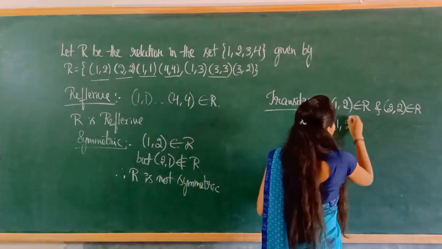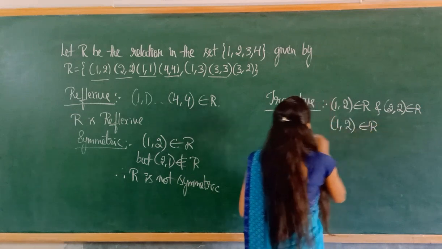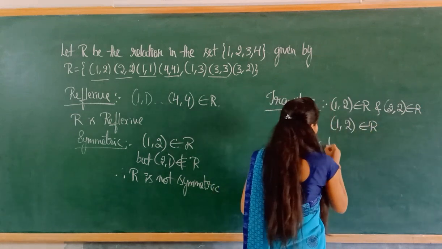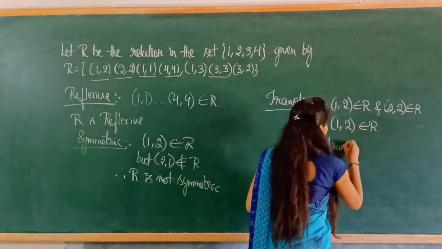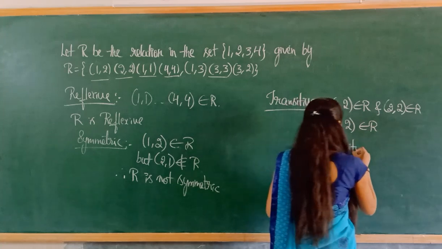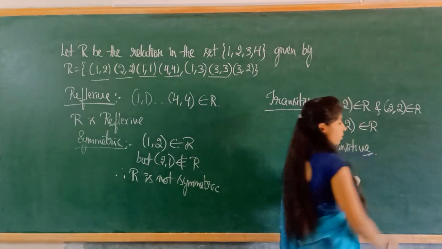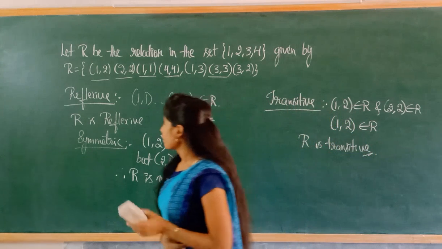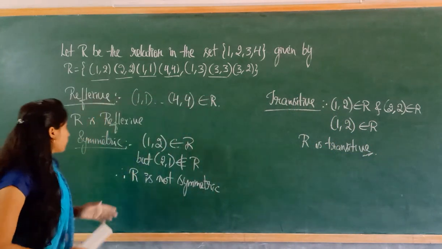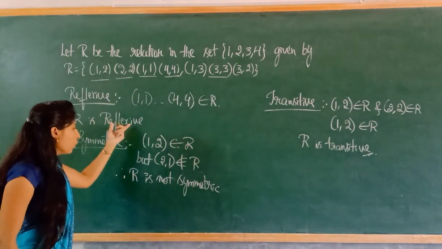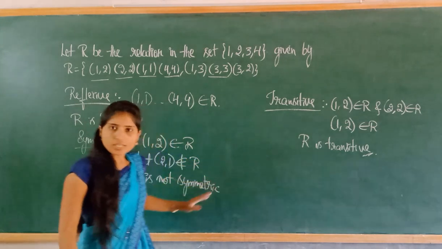Therefore, R is transitive. We are given 4 options, right? In that, you see which one is there? R is reflexive and transitive but not symmetric.